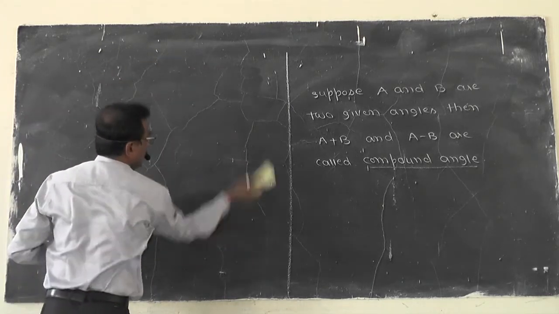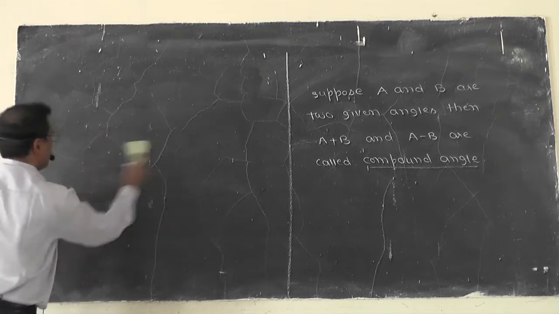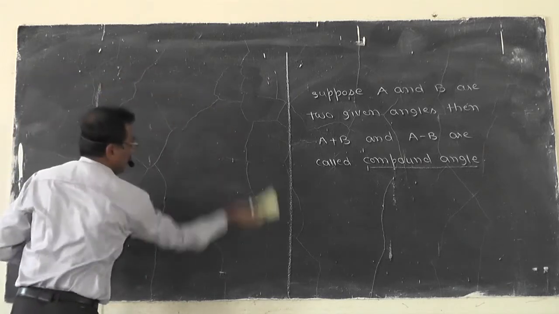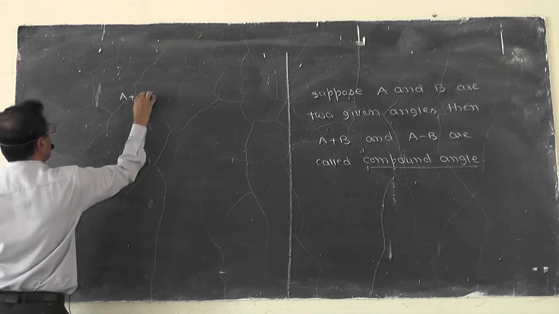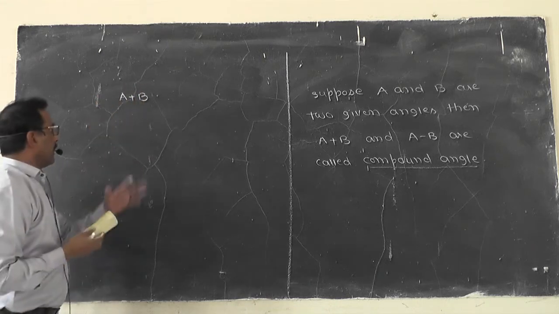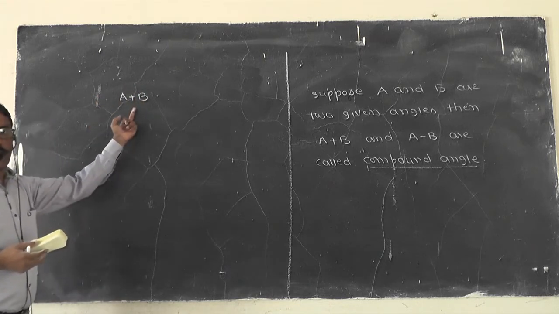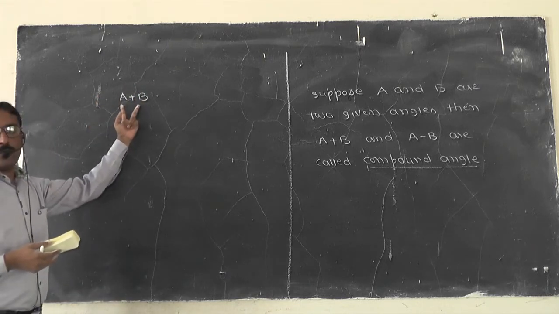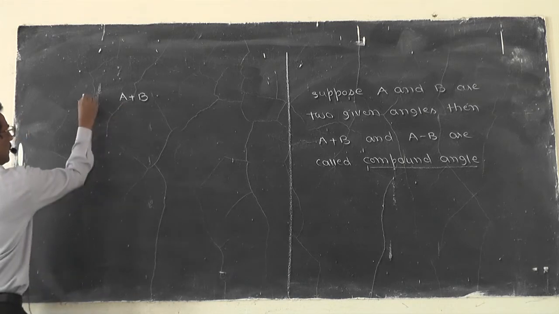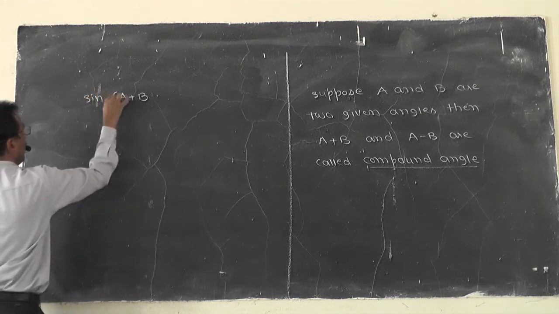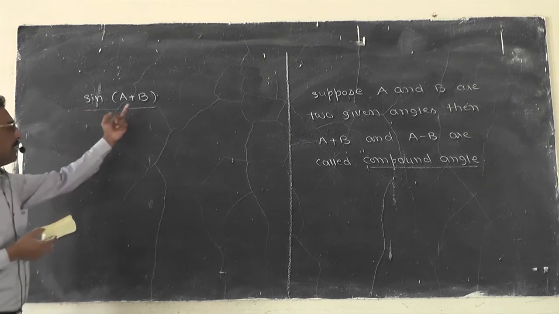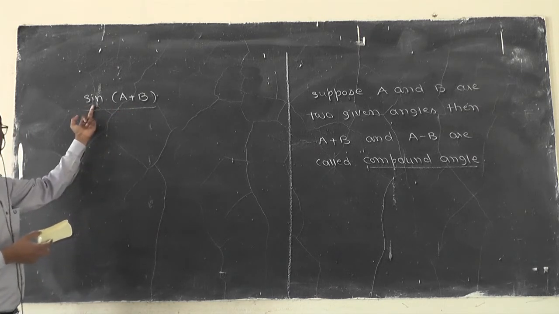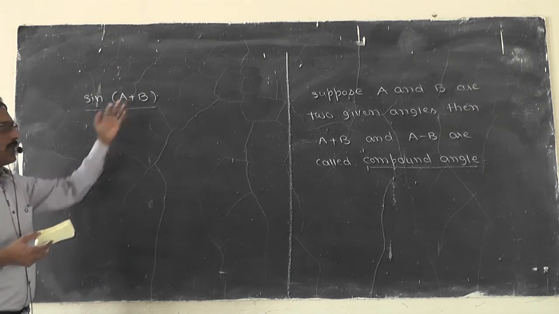Now remember the next point. Here it is A plus B. I can say this is a compound angle because it is a sum of two angles. Here, if I operate the sine function on this, then I can say this is the sine of A plus B, meaning the trigonometric function of a compound angle.